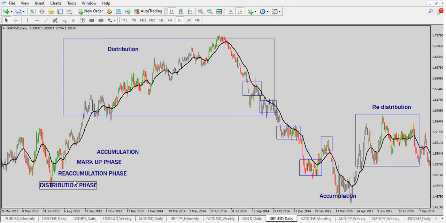Now this is the fourth phase of the bullish market, and literally the fourth phase of the market generally.